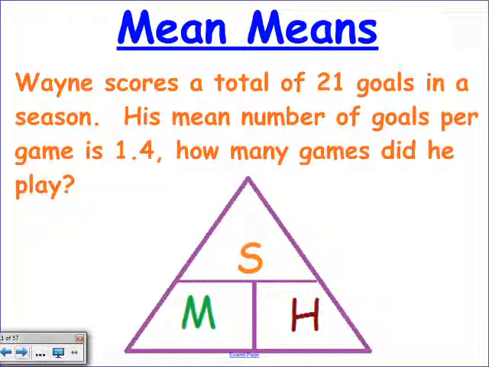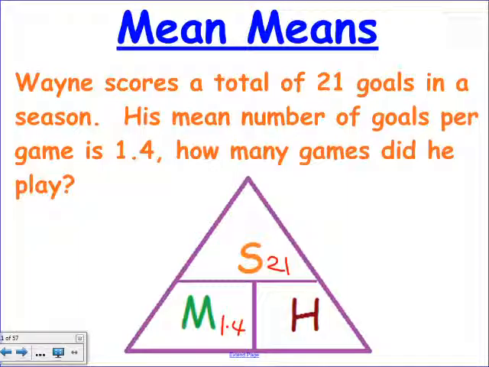All you need to do, even on your worksheet, is draw your mean triangle. Just remember S is at the top. It naturally follows that M and H will be at the bottom. So when you've drawn your triangle, write your information next to what you've been given. Wayne scores a total of 21 goals, so our sum is 21 goals. His mean number of goals is 1.4.